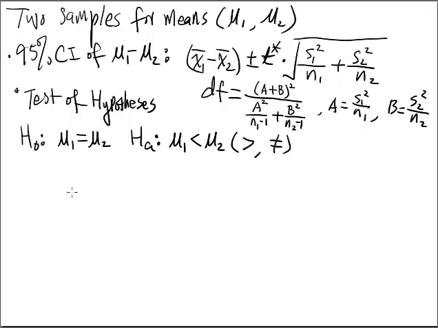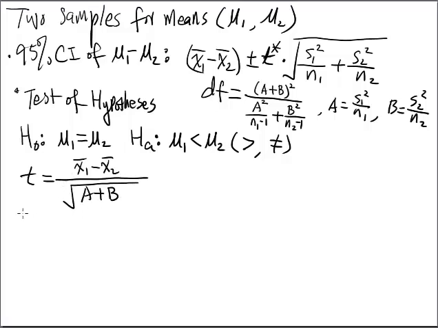Three possibilities, always. Okay. The t statistic value: t equals x1 bar minus x2 bar divided by, that's easy, square root of A plus B. Okay, so this is just A, this is just B.